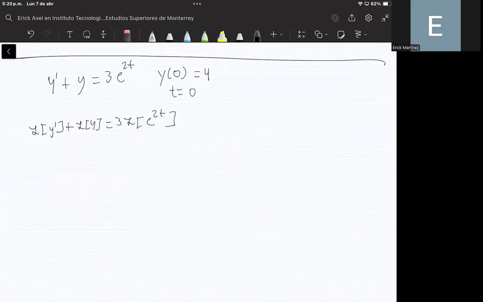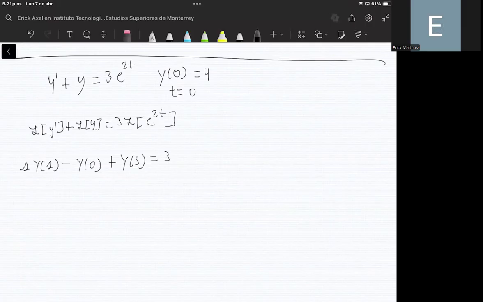So the Laplace transform of this, as we defined previously, should be equal to s times y of s minus the initial condition. Plus the Laplace transform of y, and this is equal to y of s.